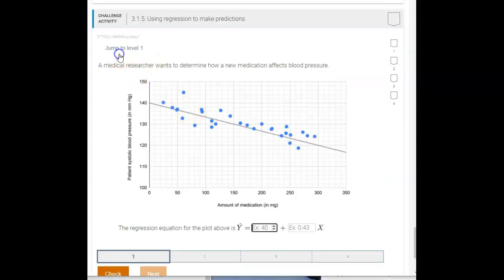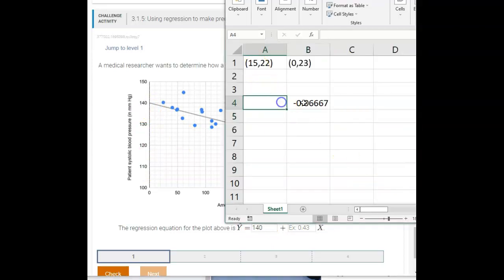So let's look at this one here. A medical researcher wants to determine how a new medication affects blood pressure. That's our context here. Really what we're trying to figure out is just what is the equation here. We have a line. We did a problem similar to this earlier. The y-intercept, the number by itself in the equation when x is 0, is 140. And so 1 point on our line is (0, 140). And then let's see what another point on the line is.